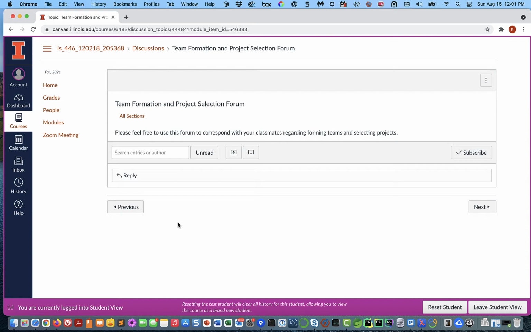And we're going to do activities in class to try to identify projects and potential teammates and all those kinds of things. And I have a forum that you can use as well. So that's why that's here. And there'll be a lot more information and context for this on the first evening that we meet. Okay? So stay tuned.